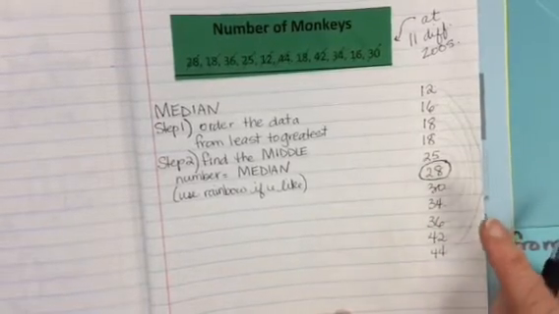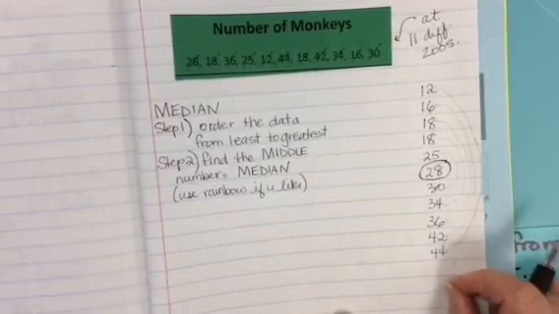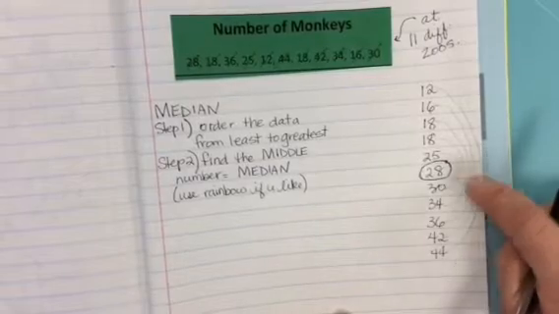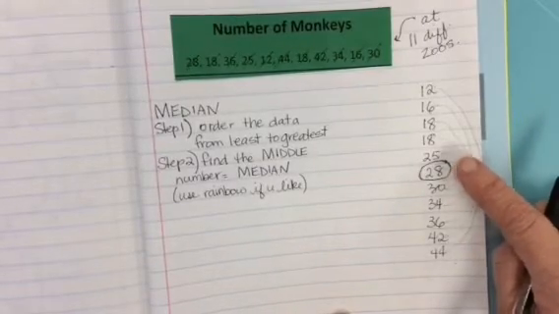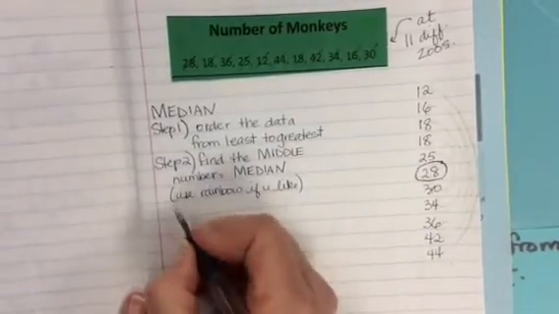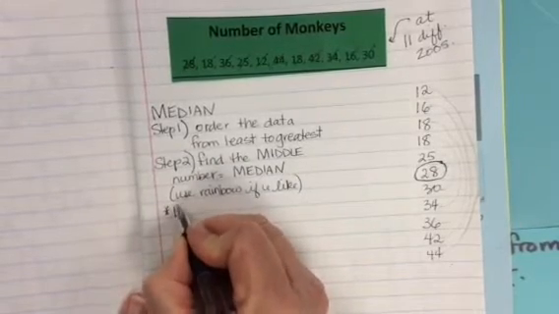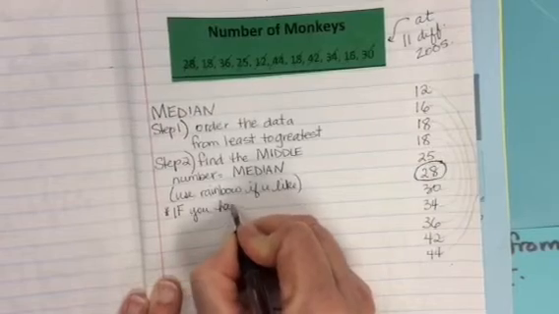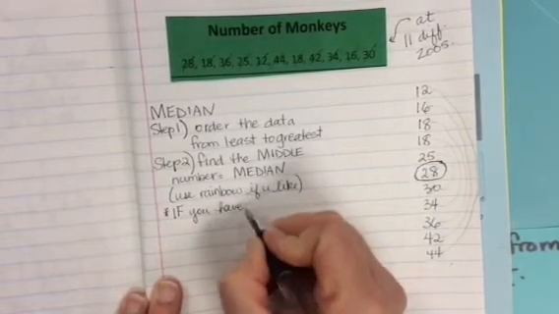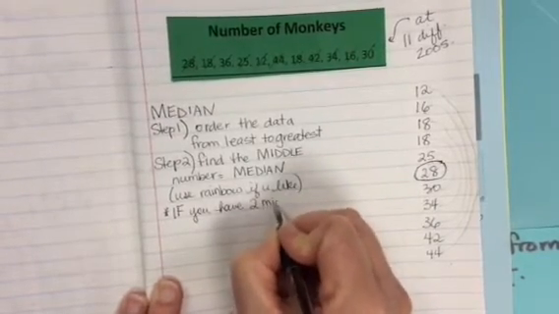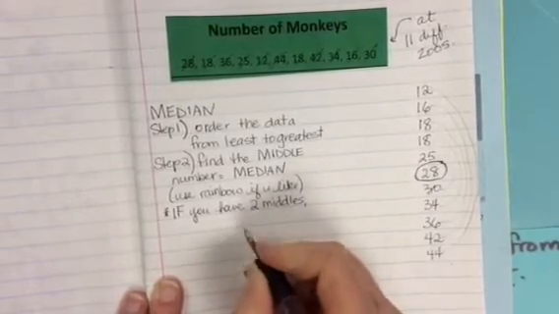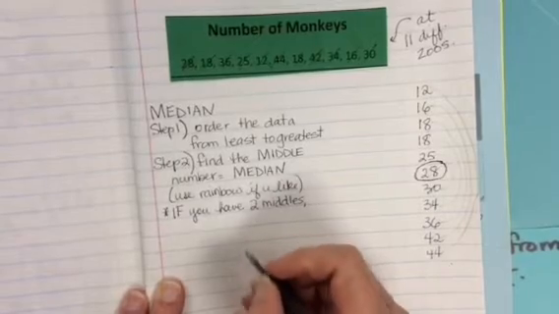If you have an even number of numbers, you're going to come out with 2 in the middle. Those are the 2 center numbers. So I'm going to tell you what to do if you have 2 middle numbers. All you do is find the mean of them.